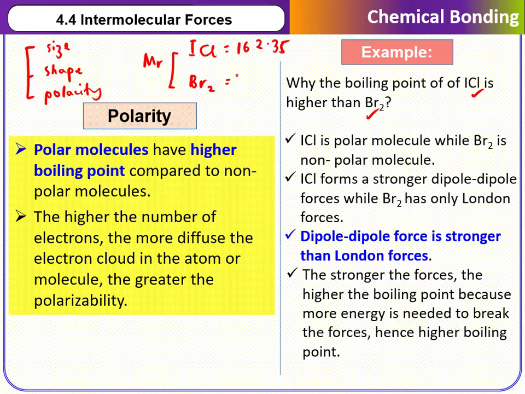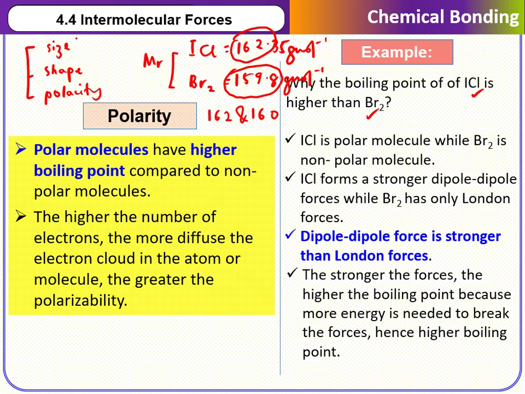How about the molar mass for Br2? Br2 is 159.8. So when we look here, the molar mass has no significant difference. One is 162, the other is 160 after we round off. Right. So the molar mass difference is not high, 162 and 160.